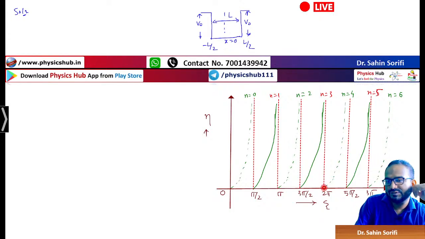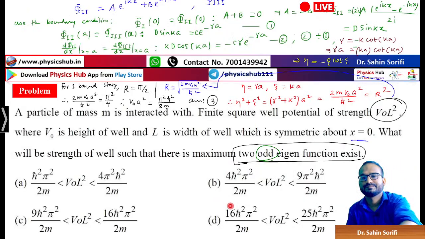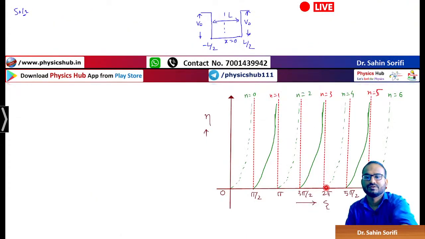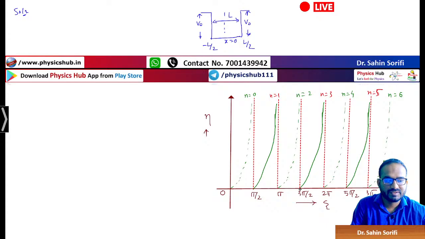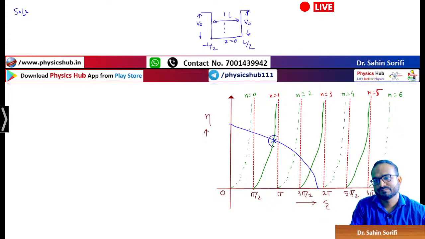Any value between these will do your job. Maximum 2 odd eigenfunctions exist, so we have to take between 3 pi by 2 and 2 pi. Then we will get 2 odd states.